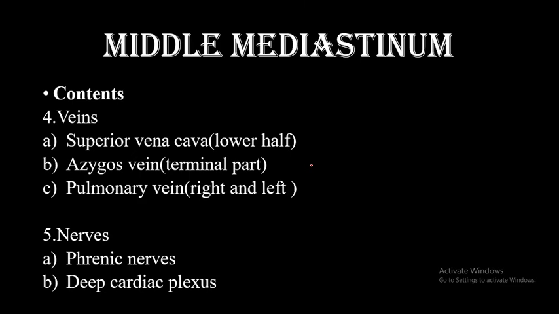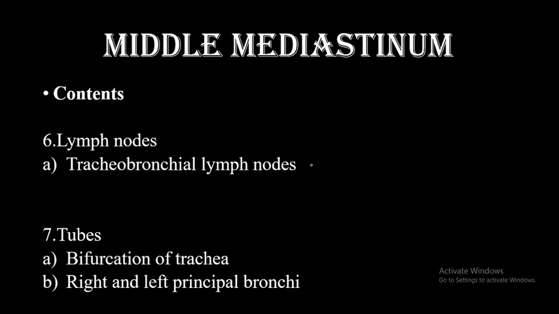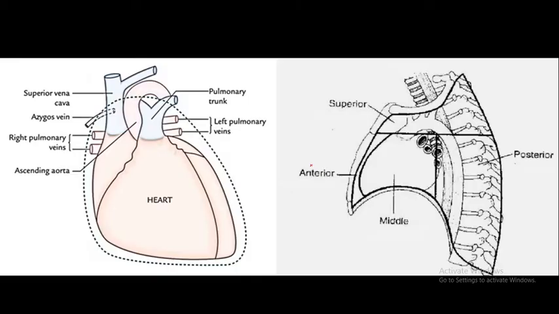Nerves included in the middle mediastinum include phrenic nerves and the deep cardiac plexus. Then comes the lymph nodes, that is tracheobronchial lymph nodes are present in the middle mediastinum. The two tubes which are present are the bifurcation of the trachea and the right and the left principal bronchi here.